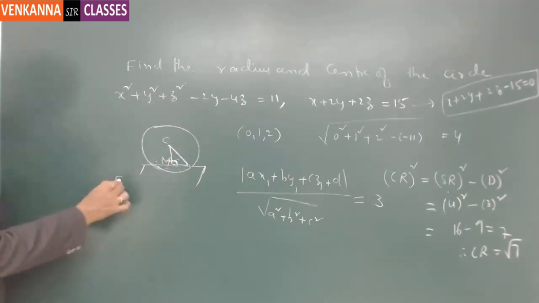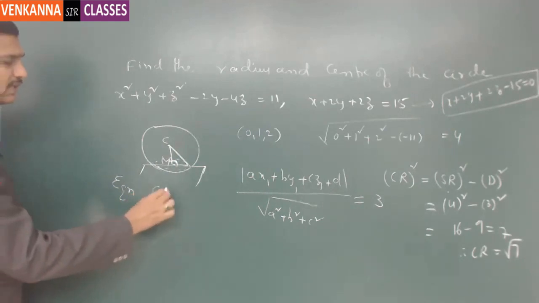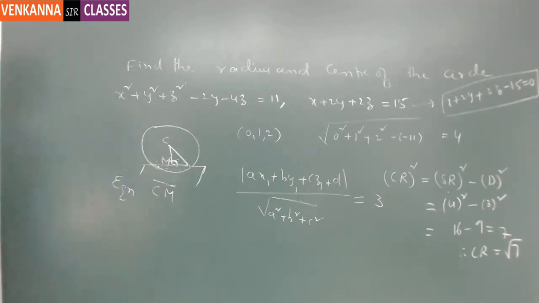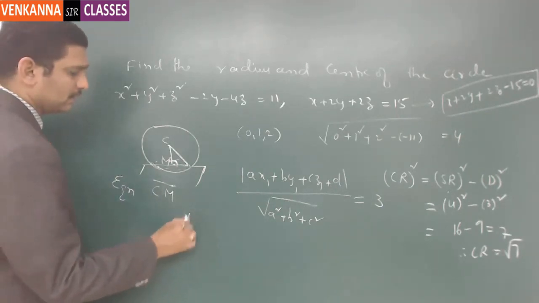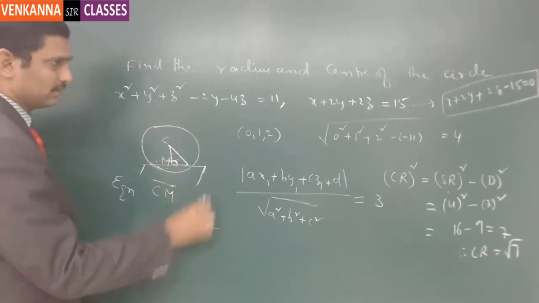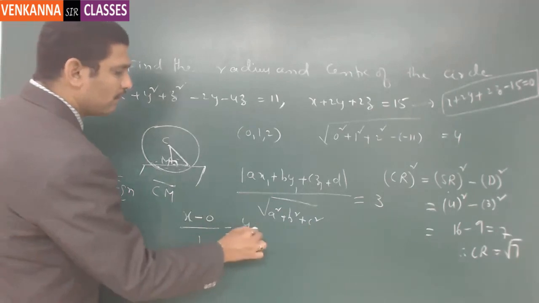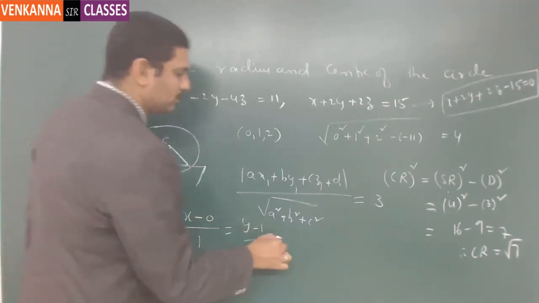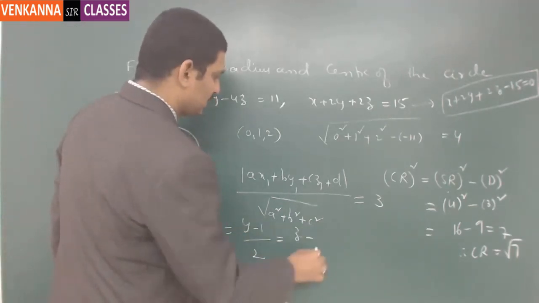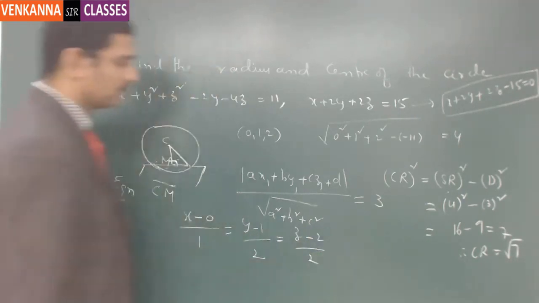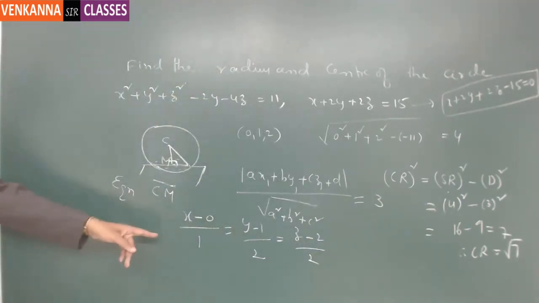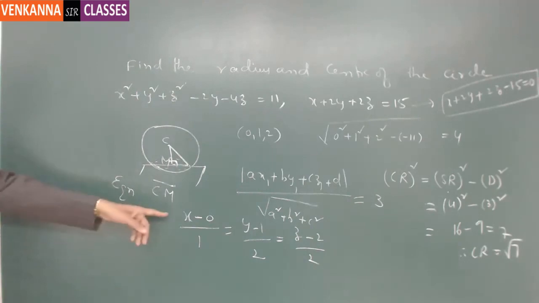The equation of the perpendicular line CM is x minus 0 by 1, y minus 1 by 2, z minus 2 by 2. So the denominator values are nothing but the plane DRs. In the numerator, I have taken the center values.